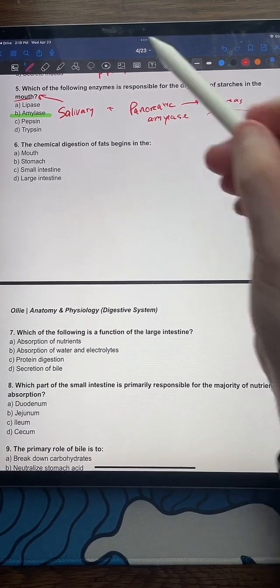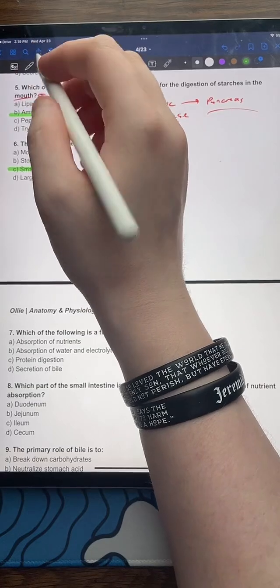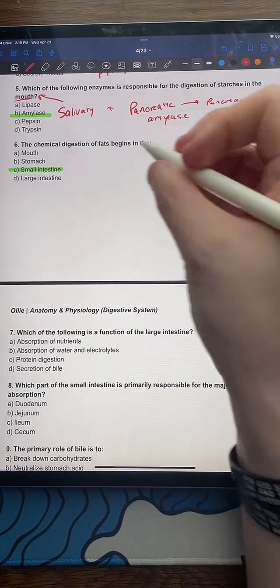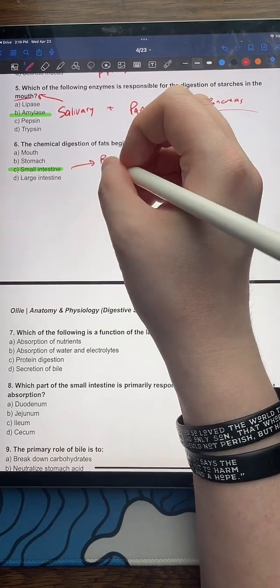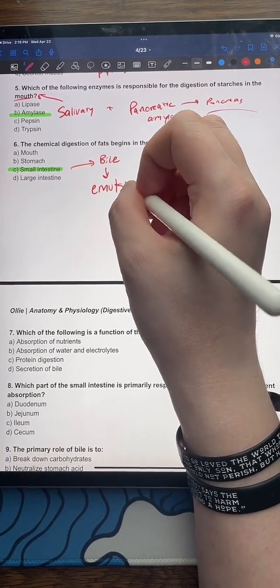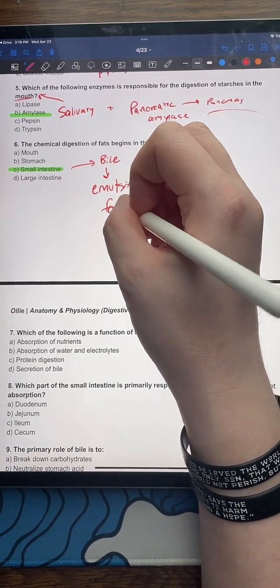The answer is C. It is the small intestine. The small intestine is where the majority and beginning of chemical digestion of fats begins, basically through the action of bile, which we talked about earlier. So this is mainly due to bile, which is going to emulsify fats.